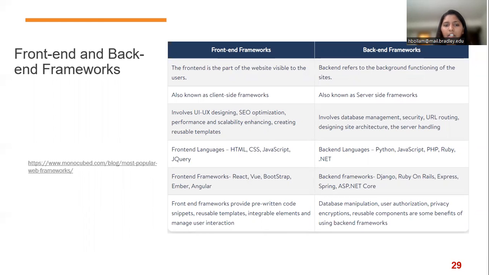And coming to the advantages, front-end frameworks are mostly used for UI, UX designing, creating reusable templates, and enhancing performance and scalability. And backend frameworks are mainly used for server-side authentication, handling, privacy encryption, and database management.